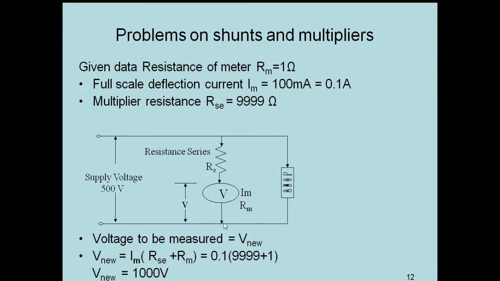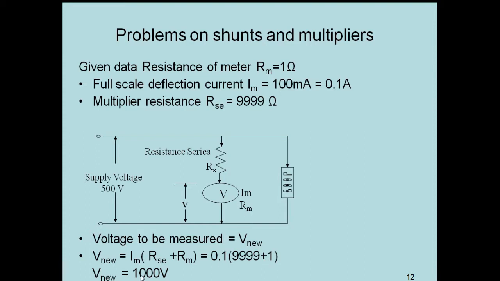To find that extended range, the formula is: new voltage range is equal to the current flowing through the circuit, Im, and the total resistance in the circuit, Rm plus RSC. So this total resistance into current flowing. Then the new voltage will be 0.1 into (9999 plus 1).